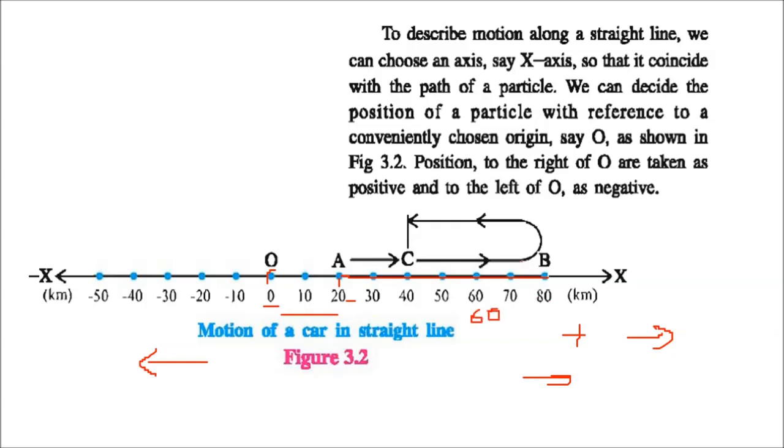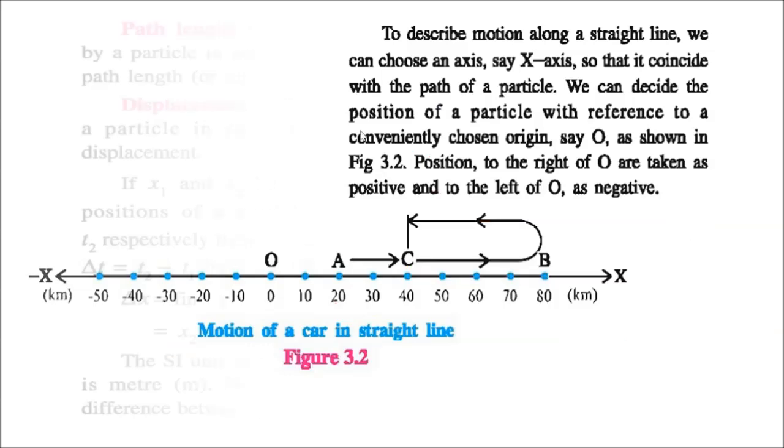At 80, it turns back and moves back until it stops at point C. Now, in the opposite direction, from 80 to 40, the distance traveled is 40 again, but it is in the negative direction, right? So this is the scenario we will take in various discussions from now.